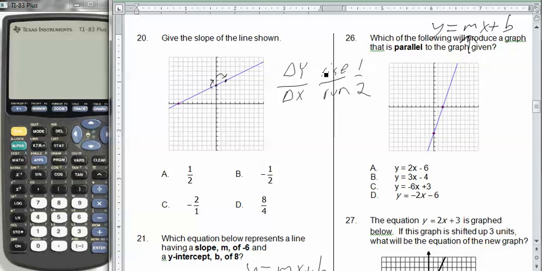So slope is rise over run, or change in y over change in x. So how much did we go up? 1, 2, 3, 4, 5, 6. So we went up 6 and over 1, 2. So 6 over 2 is the same as 3. So we would have to have a slope of 3. So 3 would have to be where the m is. And there's only one choice there that would have that answer.